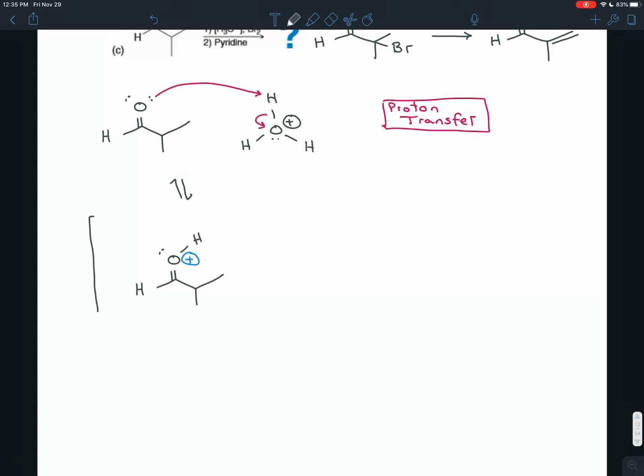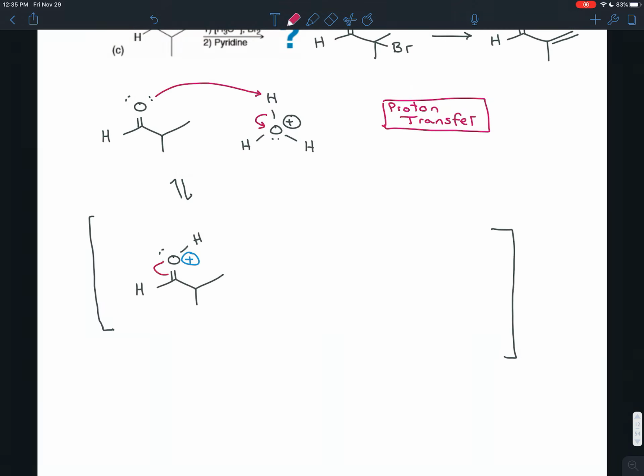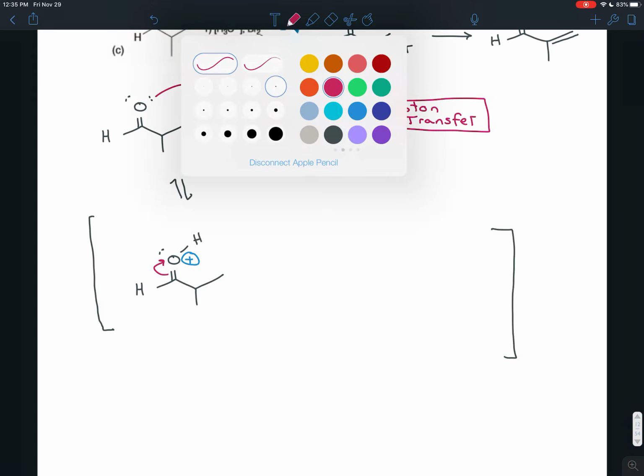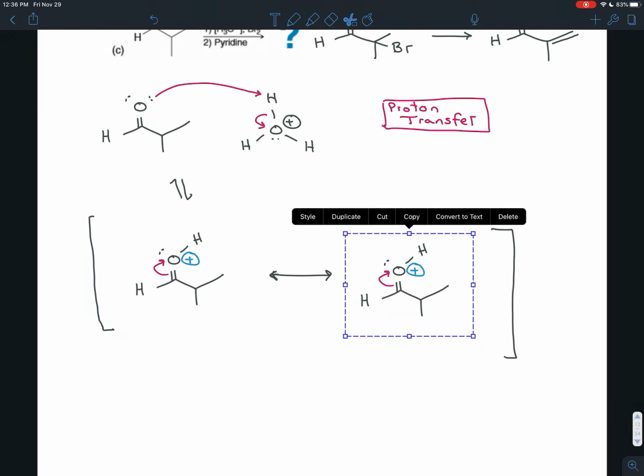Now, there's a resonance pattern that becomes significant here because it helps to stabilize that positive charge, and that's when you have a pi bond between 2 atoms of differing electronegativity. When you have that, the pi bond goes onto the more electronegative atom. So because we have that resonance pattern, we drew the brackets that warned people that neither of the structures within the brackets is the true structure. The true structure is only the average of the two.